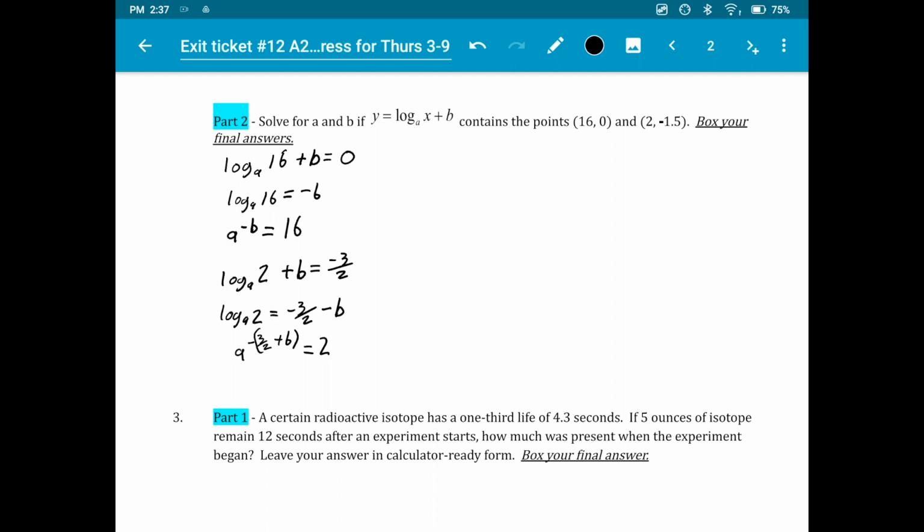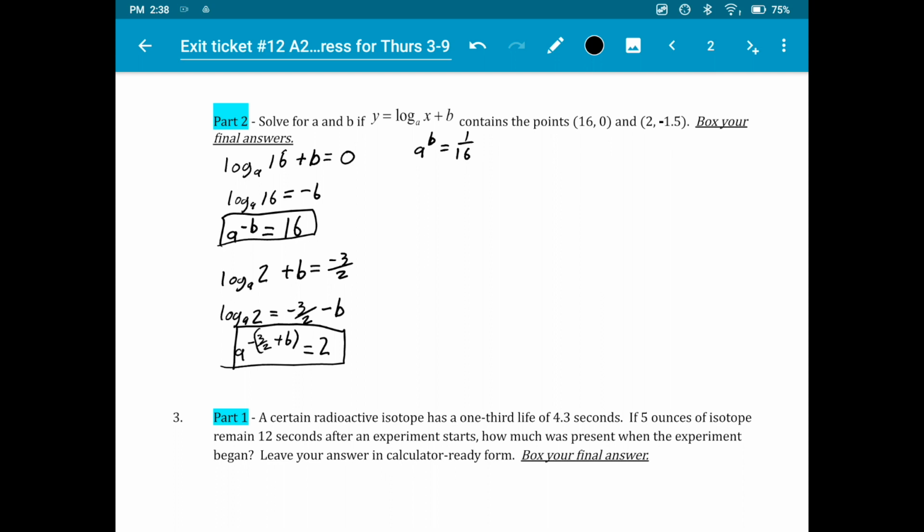Now, I want to take both of these equations and rewrite them both in terms of A to the B. So if I write this first equation, A to the B is just equal to 1/16.